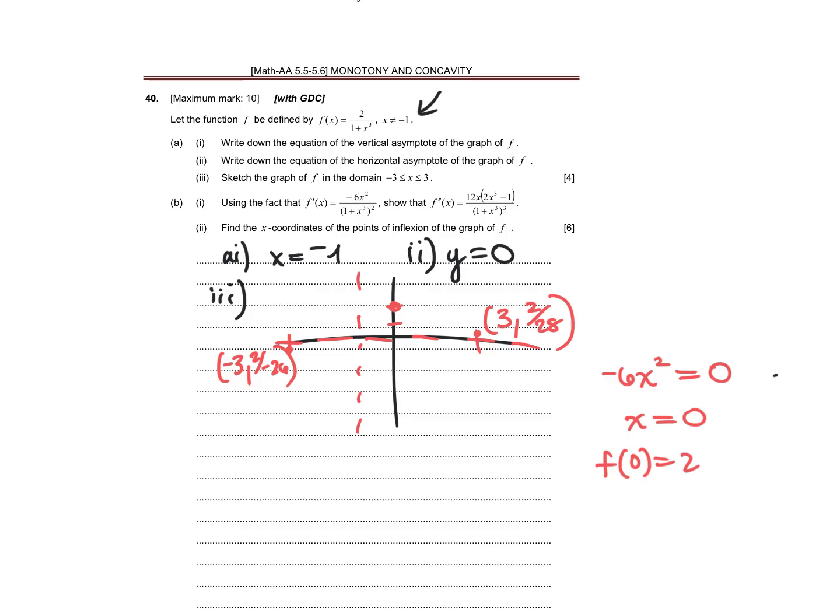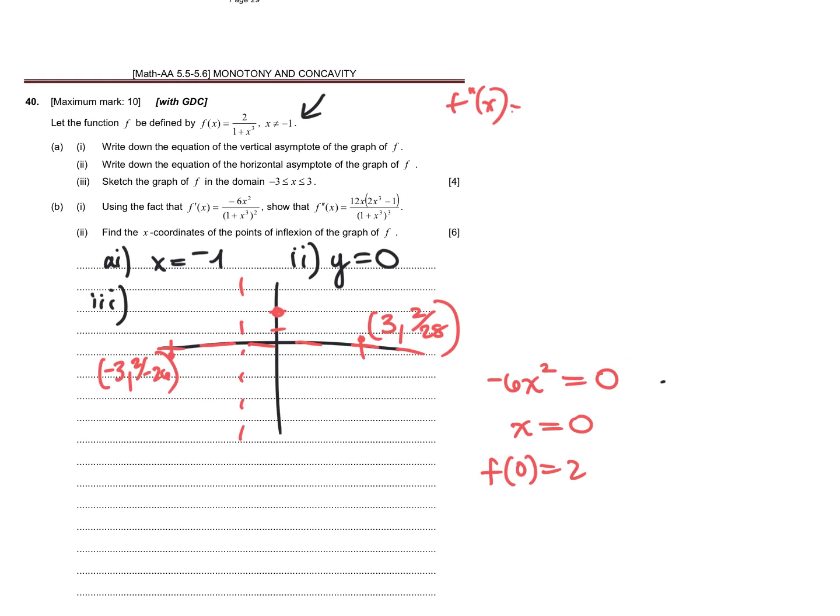We're going to have v on the bottom. So 1 plus x cubed squared, which is to the 4th. And then we're going to have 1 plus x cubed squared.